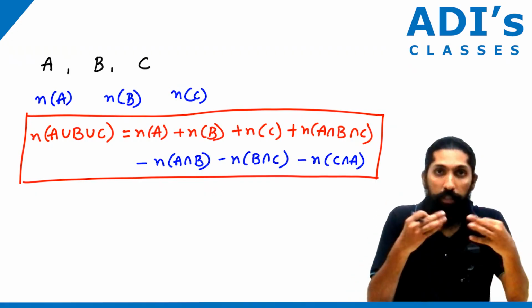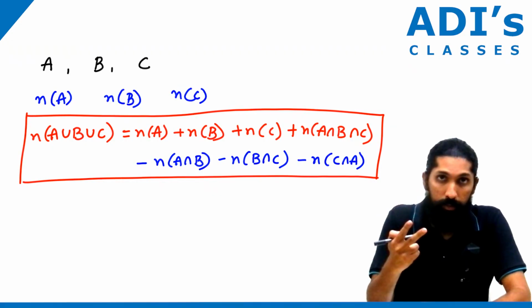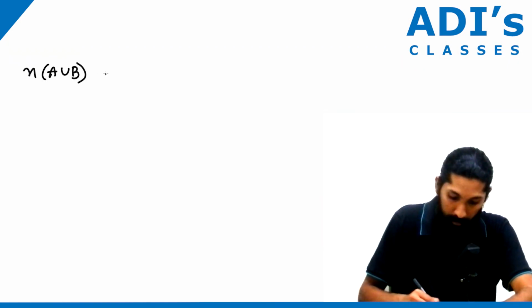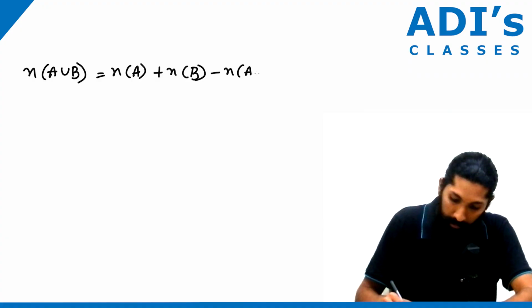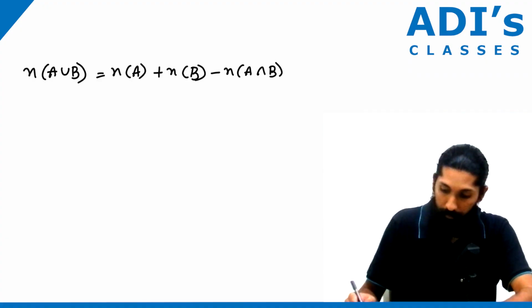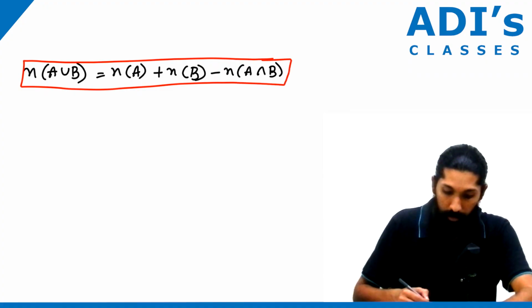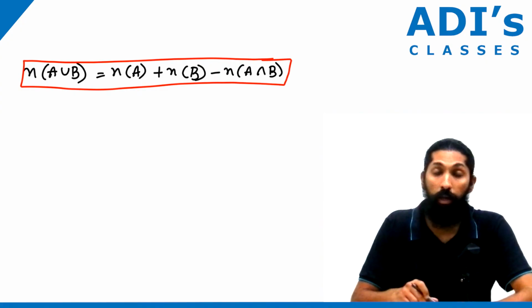For three sets, we can use this. But in most cases, what we have is just two sets. For two sets, the relation goes like this: n of A union B is equal to n of A plus n of B minus n of A intersection B. This is a very important formula because we use it in a lot of questions.